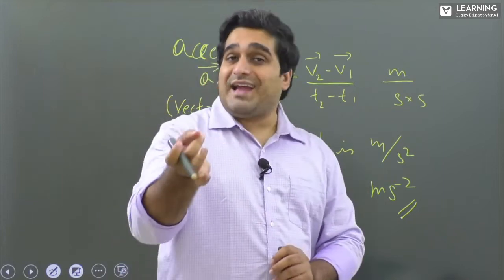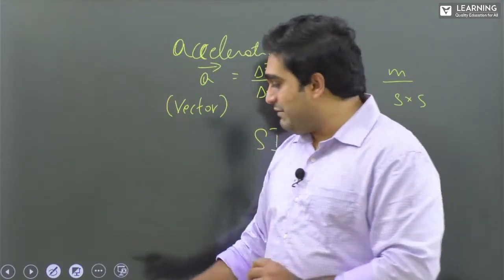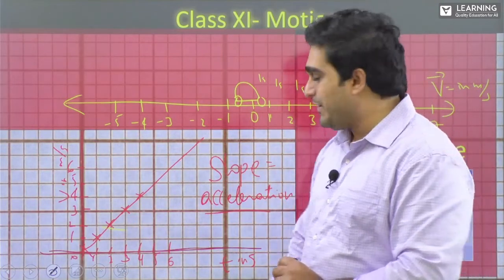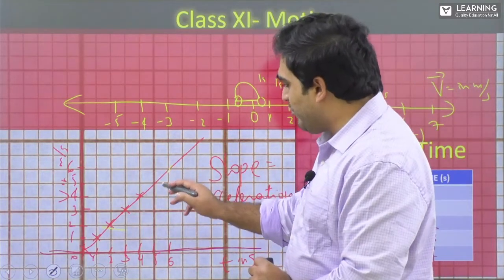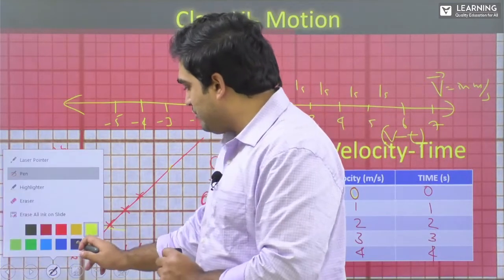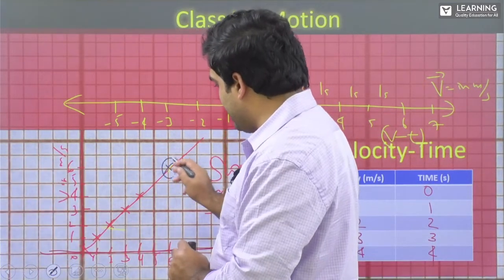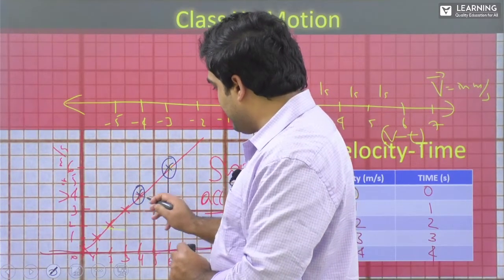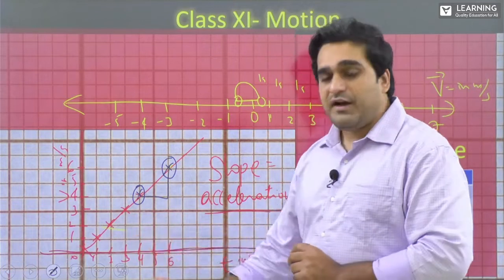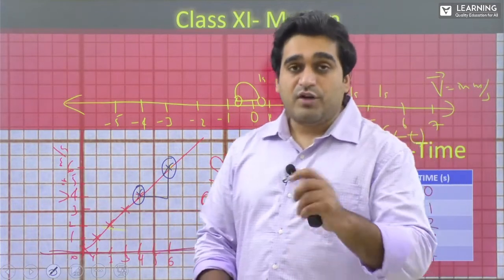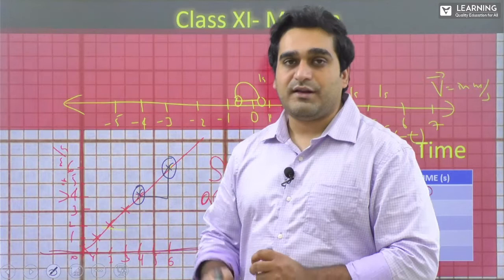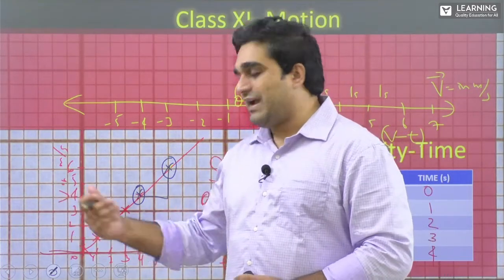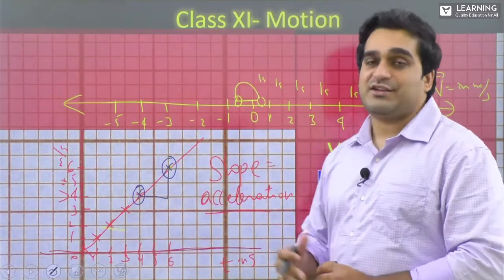How do we find acceleration in a velocity time graph? By finding the slope. If you select any two random points on the curve, let's say I take this point and this point here, and then you construct a slope, identify the respective v2, v1, t2, t1, and what you obtain by dividing is acceleration, a.